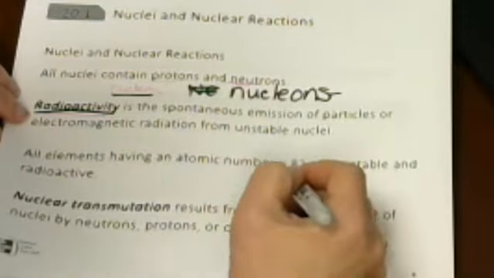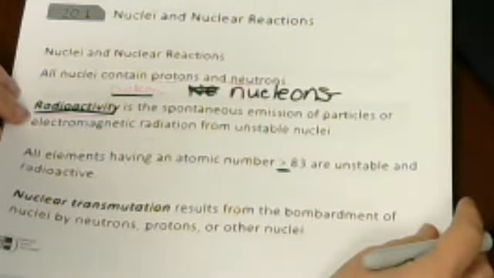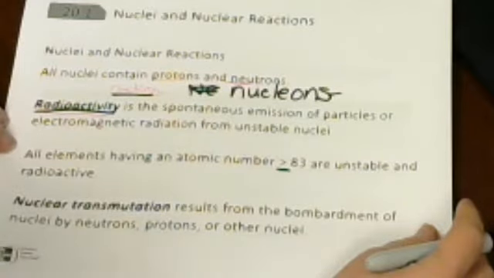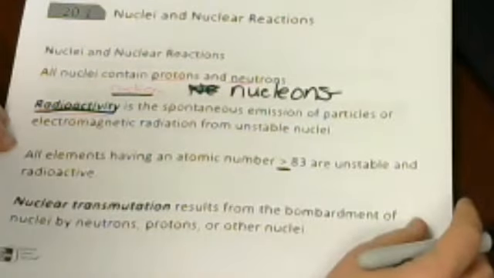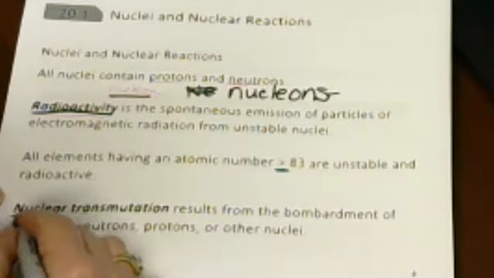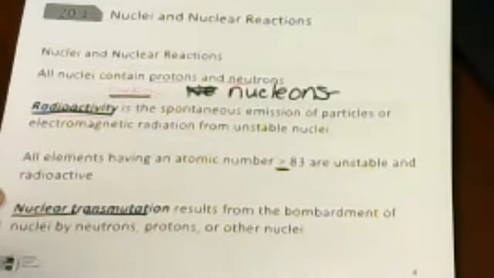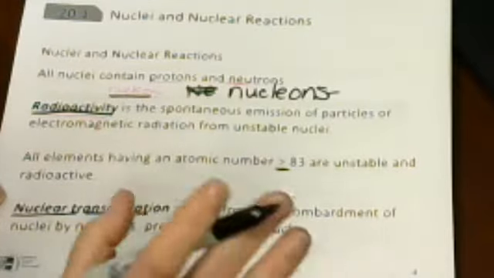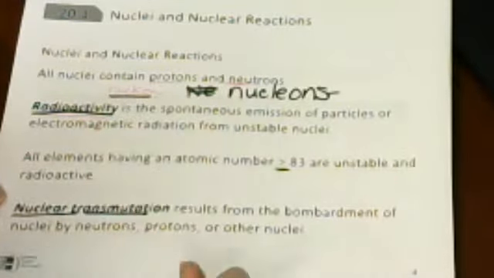We know today that if the atomic number is bigger than 83, then the atom has an unstable nucleus, and we're going to talk about why that is. Then here's another new word to you probably, transmutation. This is what they did with the atomic bomb in December of 45, when they bombed Japan and finally ended World War II.